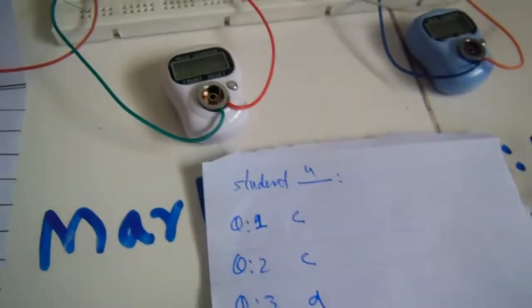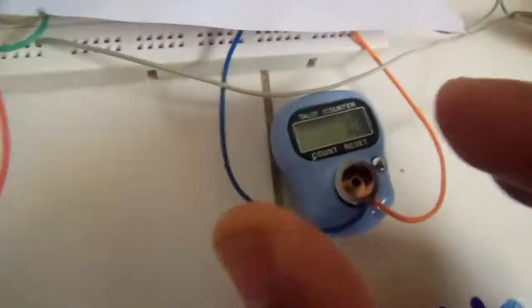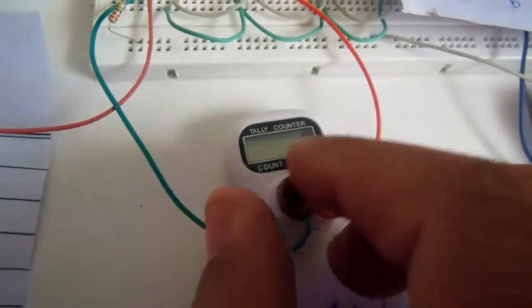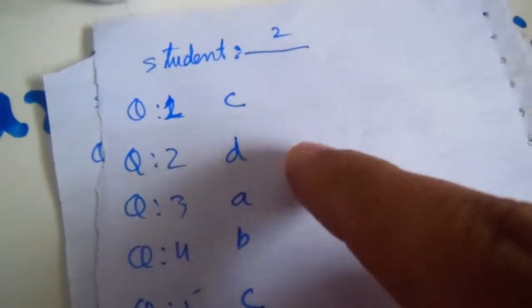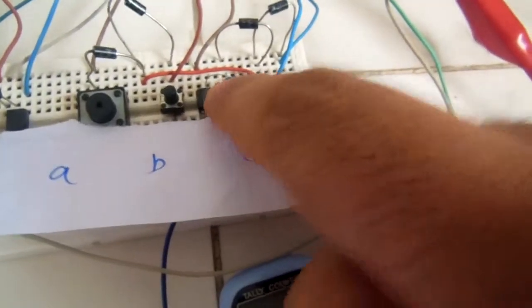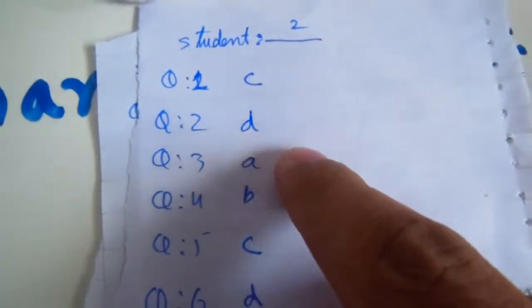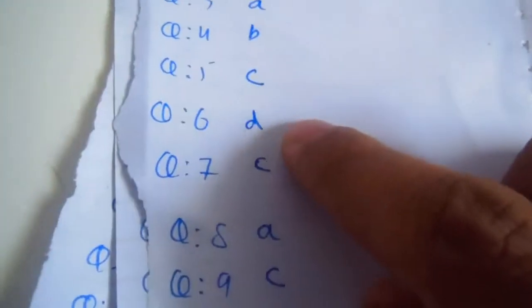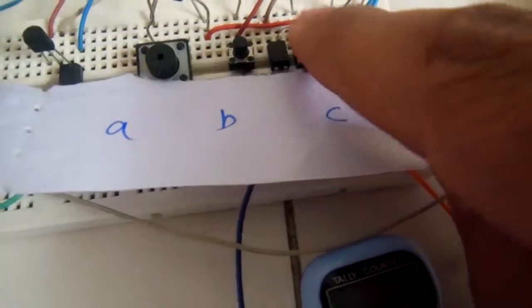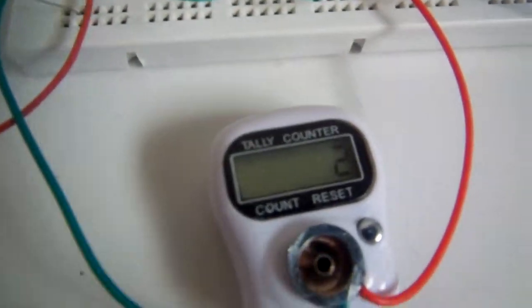Now it's the turn of the second student. We again reset this counter, the other counter, and the IC. Then student 2 answers C, D, A, B, C, D, A, B, then C, D, C, A, then C, B. So this student got only 2 marks.